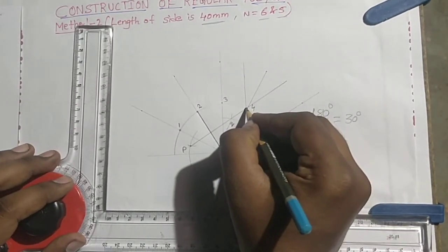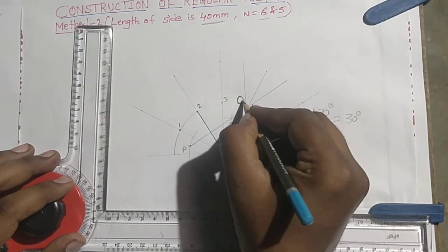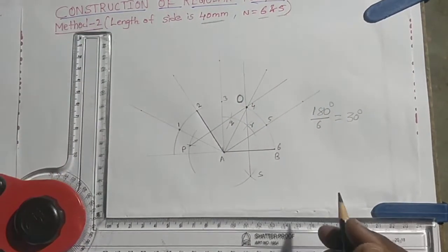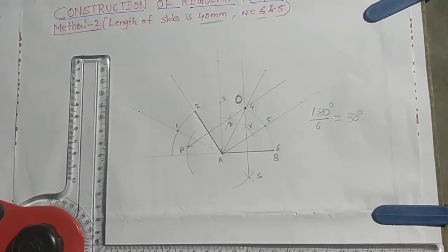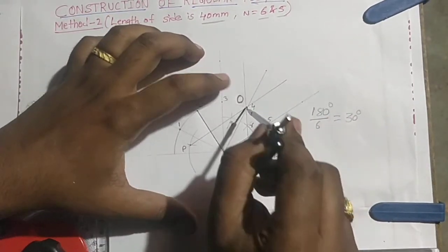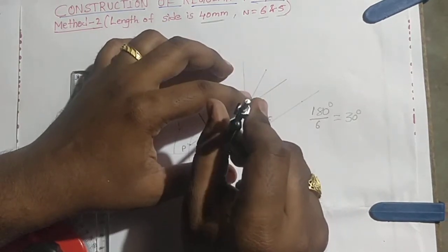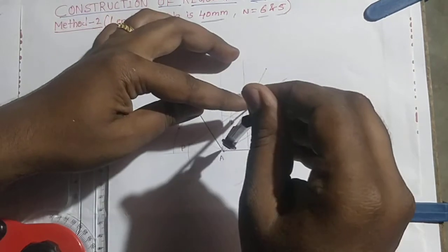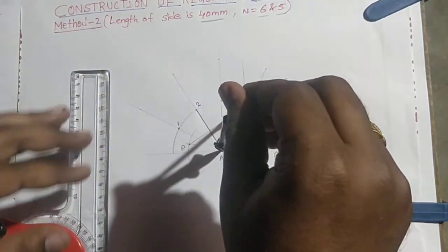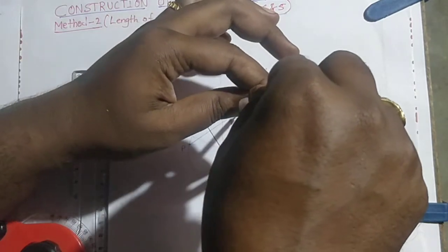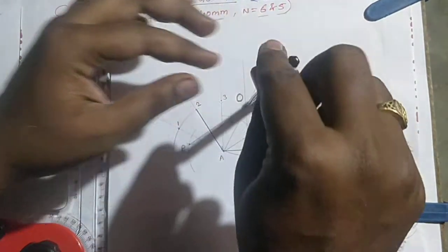That point is O. Next, with O as center and OA as radius, draw the circle.